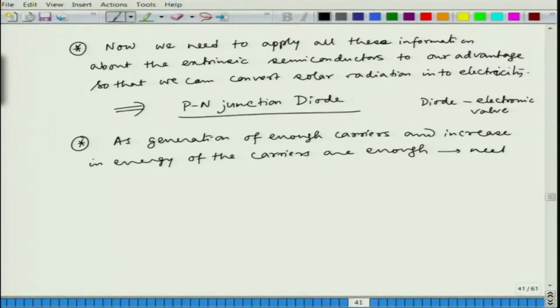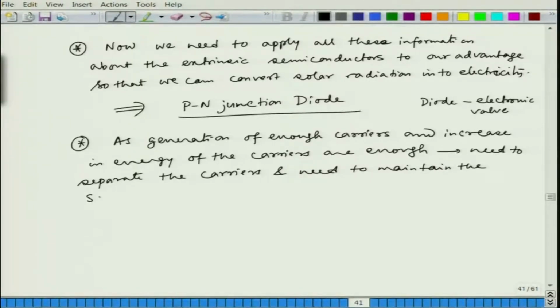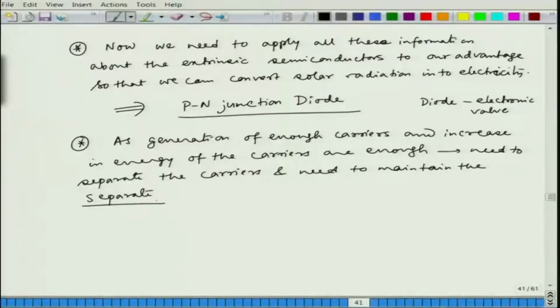You need to separate them, separate the carriers, and need to maintain somehow that separation. Otherwise, you will get a tiny amount of current quickly and then it goes to the equilibrium, but you have to do it in a sustained manner, right. So, you have to keep them separated, maintain the separation.